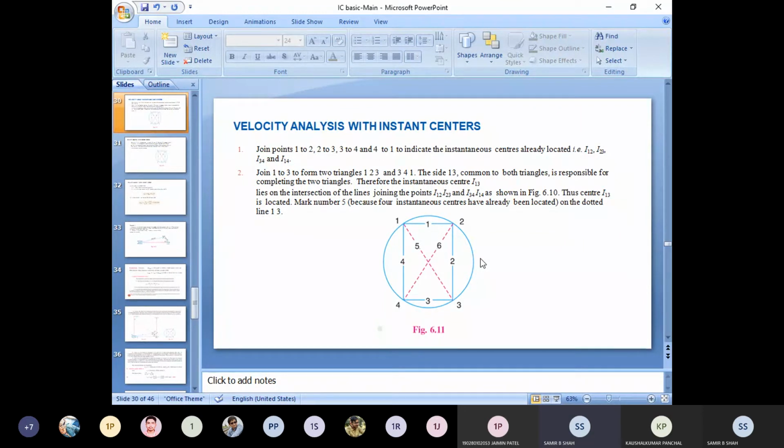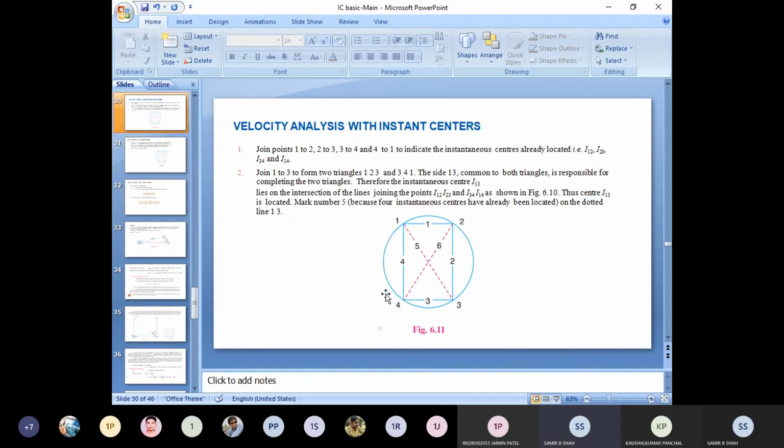Join points 1 to 2, 2 to 3, 3 to 4, and 4 to 1 to indicate the I centers already located: I12, I23, I34, and I14.